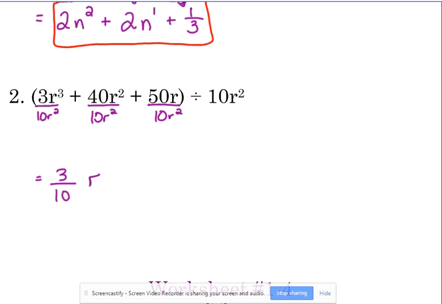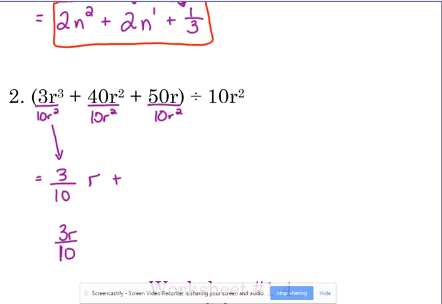Please make sure that it's clear that that r is not in the denominator. Or you can also write it this way, 3r over 10, those are the same thing. However you want to write it, just make sure it's clear that the r is not in the denominator.